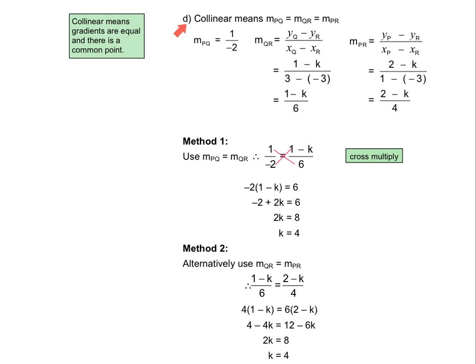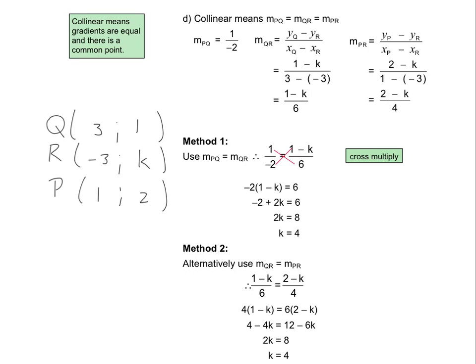Then for example D, we know that collinear lines must have the same gradient and share a certain point. We already worked out the gradient of PQ, which is minus a half. We can then also express the gradient of QR in terms of k and the gradient of PR also in terms of k.